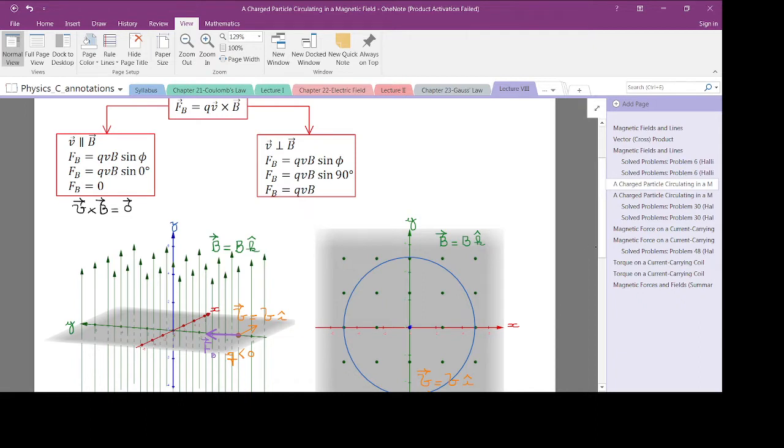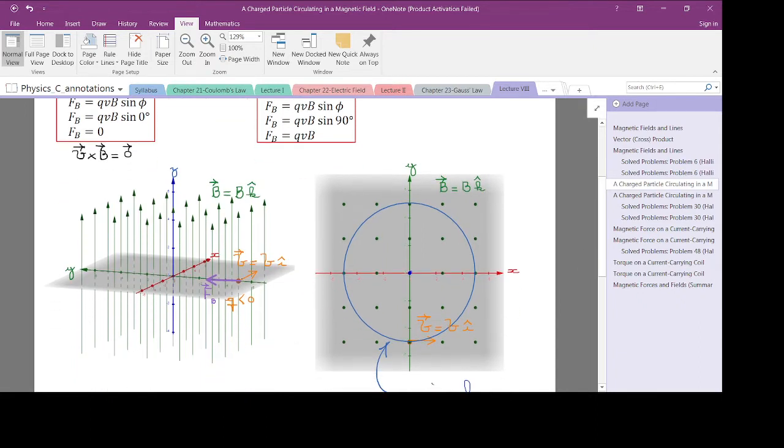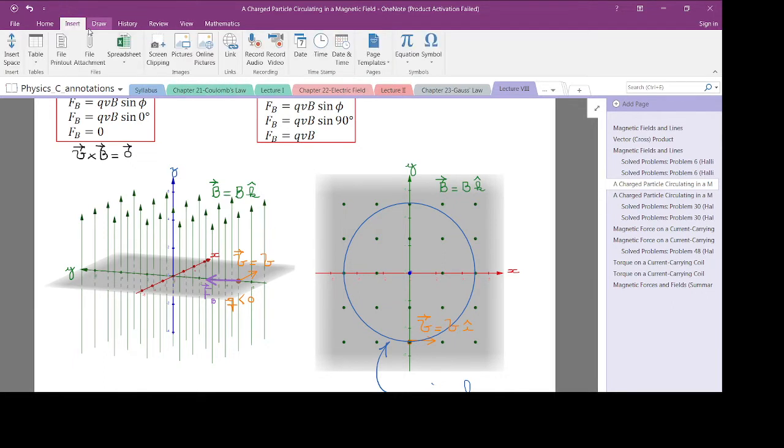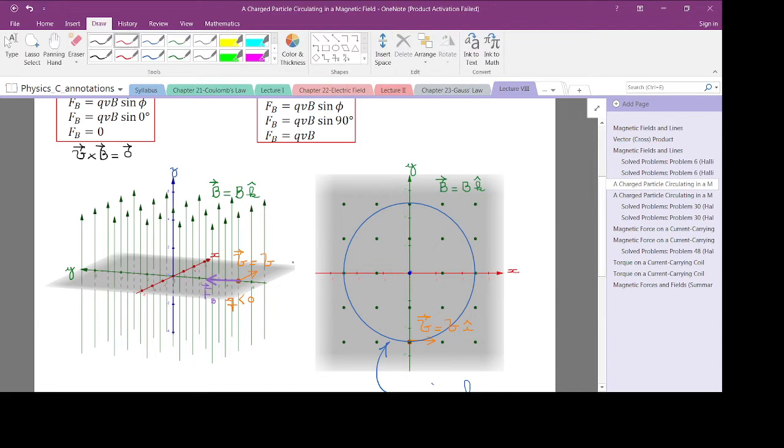For example, in this case I'm considering a negative particle with its velocity pointing in that direction. If you do this product here, you can see that we have the magnetic force pointing in the positive direction of the y-axis.